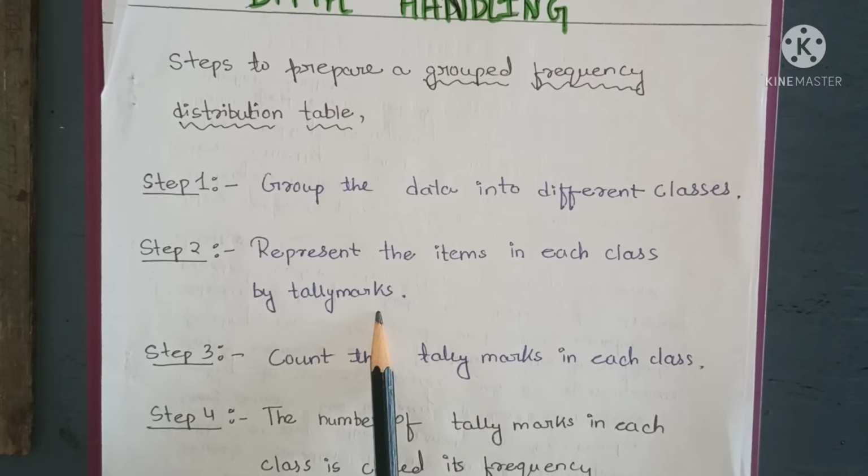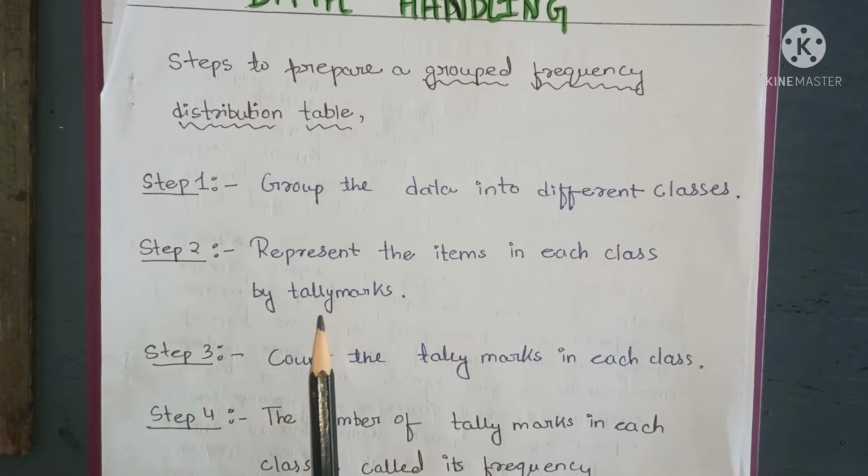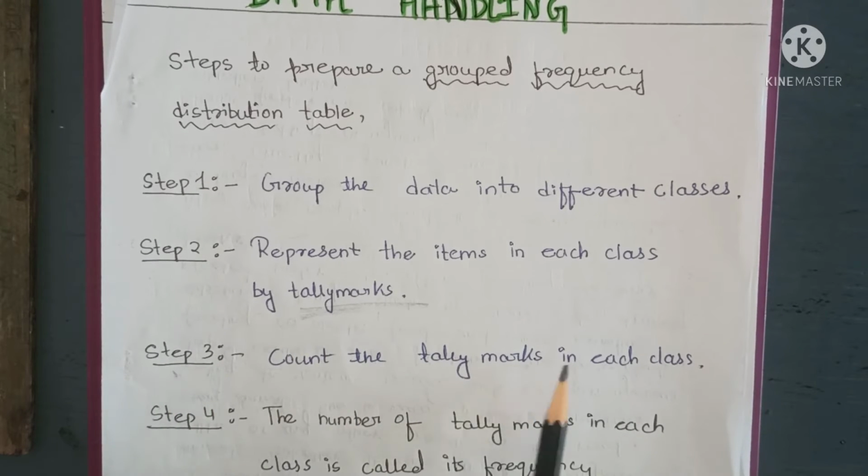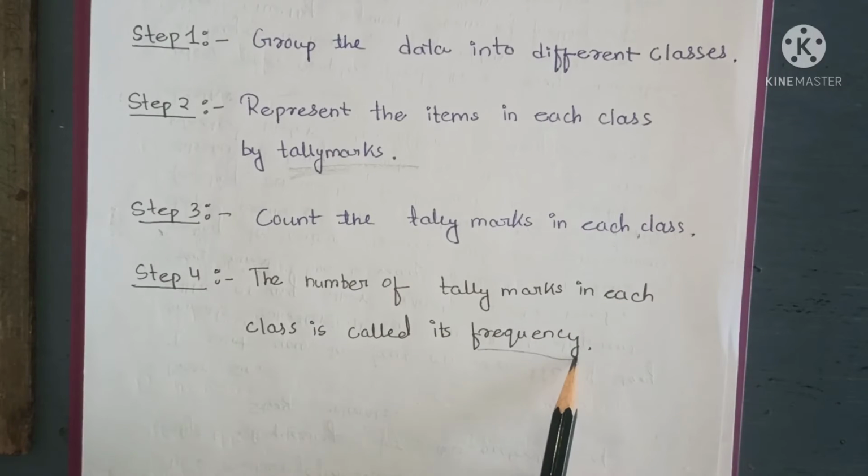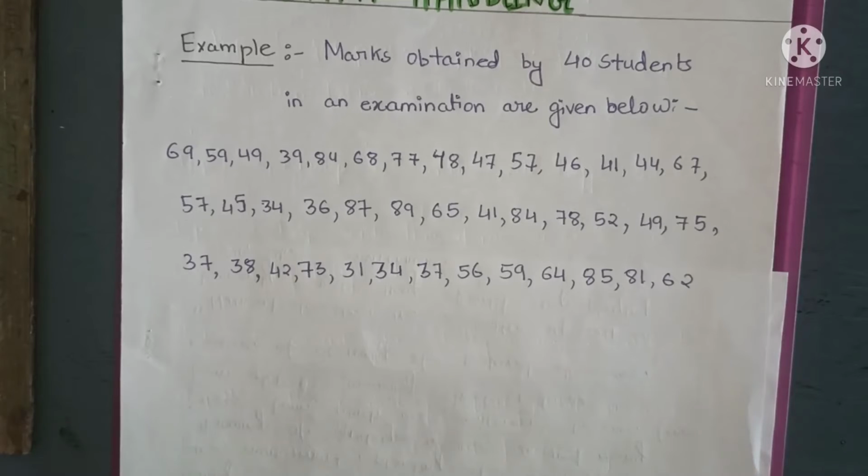So after we make the groups, we will represent as we have done in the frequency distribution table. Same process, we will represent them by tally marks. Step 3. Count the tally marks in each class. We will count and write the frequency. Yes, we know it. Only what is new here is the class intervals. So we will see how we can form the class intervals.